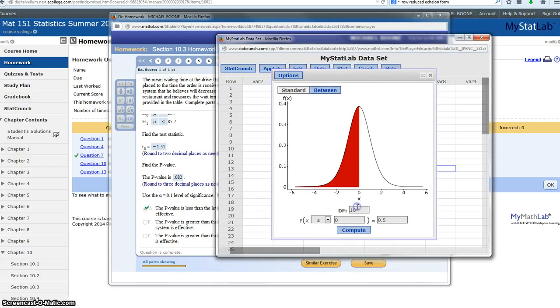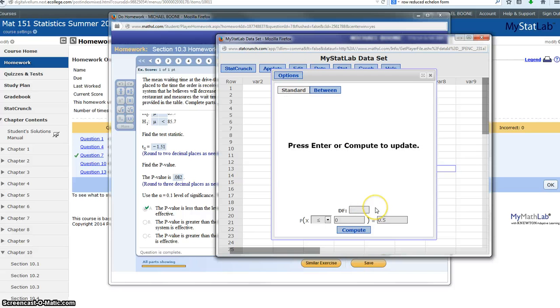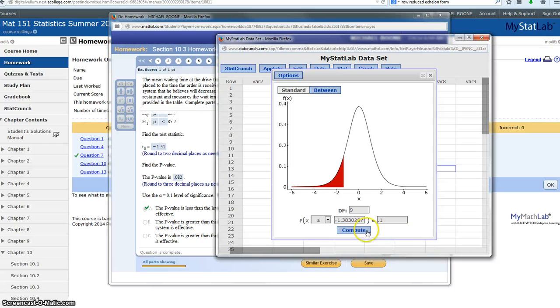So our degrees of freedom is n minus 1, so we're looking at 9. And we wanted to find the test statistic when it was less than, right? So we're looking at a 1 tail, and I had 10% in a tail. And so I have negative 1.38.